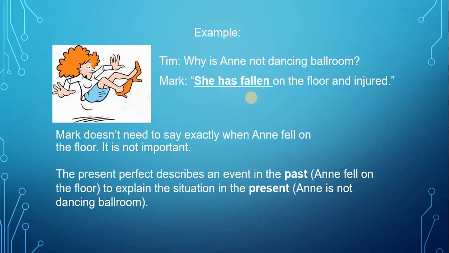The explanation is, in fact, Mark doesn't need to say exactly when Anne fell on the floor. It is not important exactly when. The only important thing is that it is in the past. She has fallen.